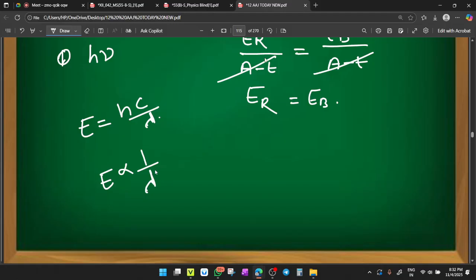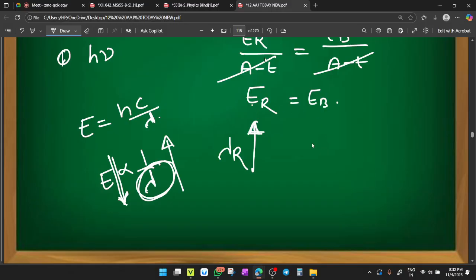This means the radiation having higher wavelength has less energy. Yes or no? So here the red color has higher wavelength. Clear or not? So whenever red color has higher wavelength, the energy of red color will be low.